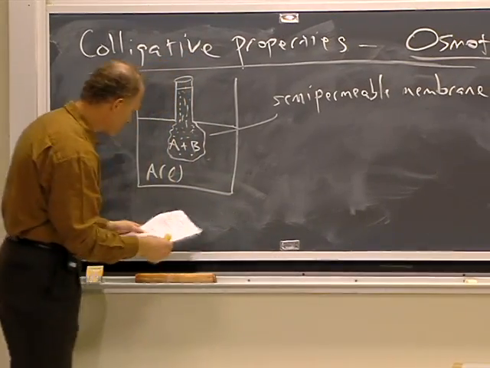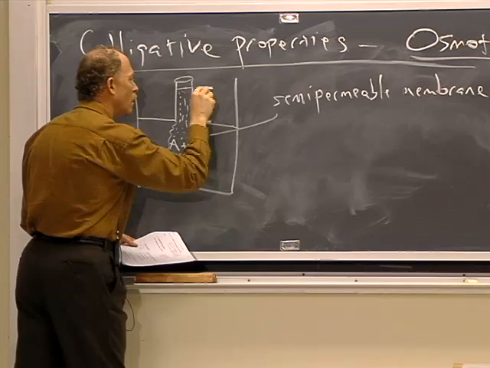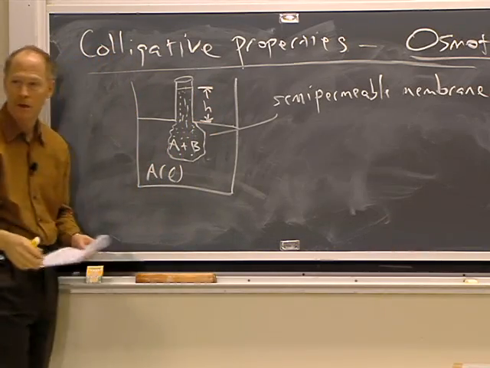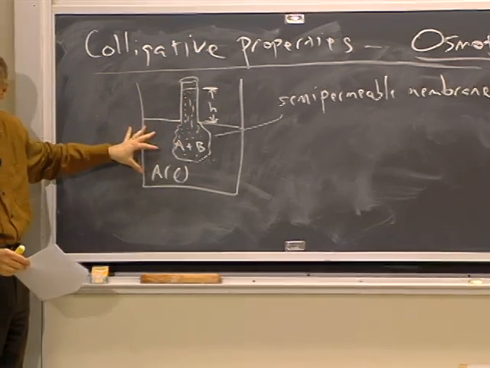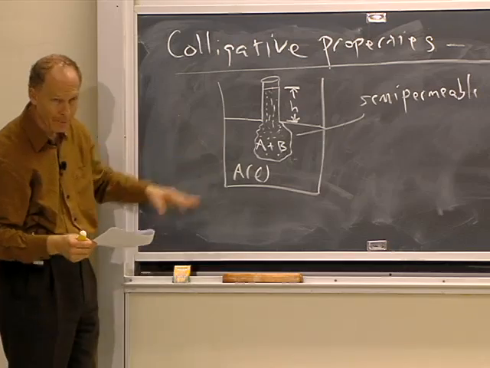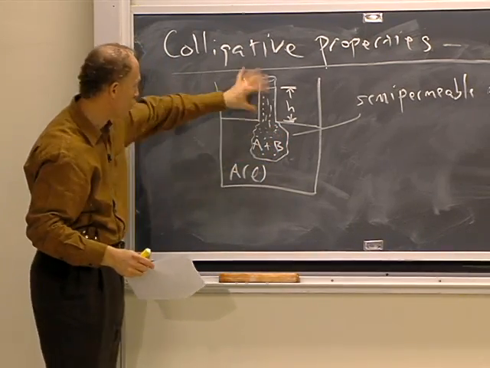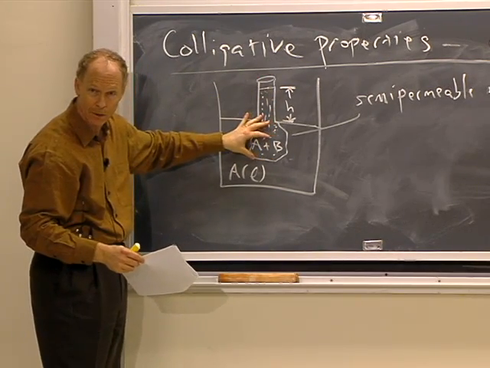So there's this extra height, h, of liquid inside the container relative to what's outside it. Okay? And what that means is the pressure inside here must be higher, right? Of course, the weight of this liquid is pushing down on what's down here, right?